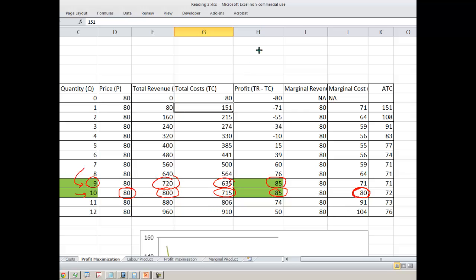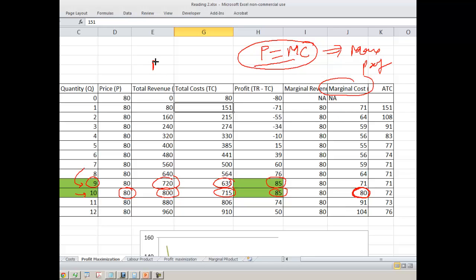So the idea that we bring is, the moment your marginal cost is equal to the price, that is the point of your maximum profit. As long as the marginal cost is below the price, keep on producing. But when the price equals marginal cost, that is your maximum profit.